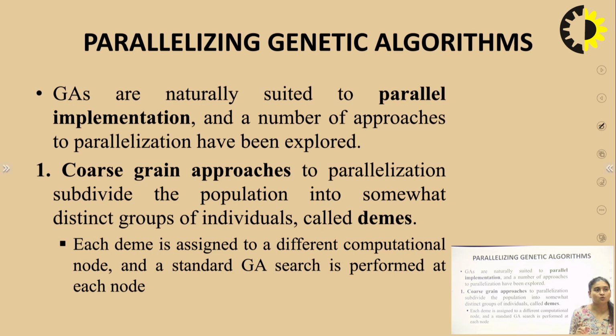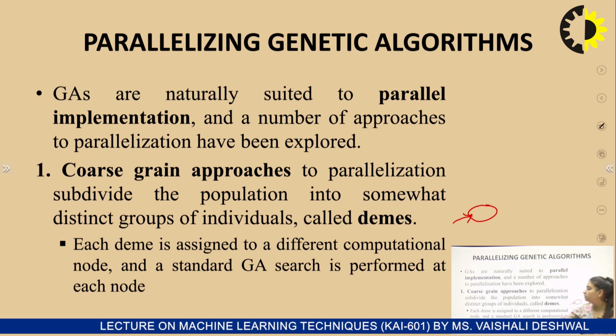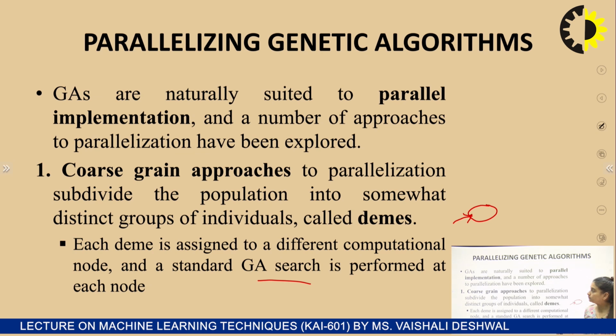The first approach is coarse-grained parallelization. It divides the population into a number of small groups of individuals, which are known as demes. Each deme is assigned to a different computational node, and a standard GA search is performed at that node.